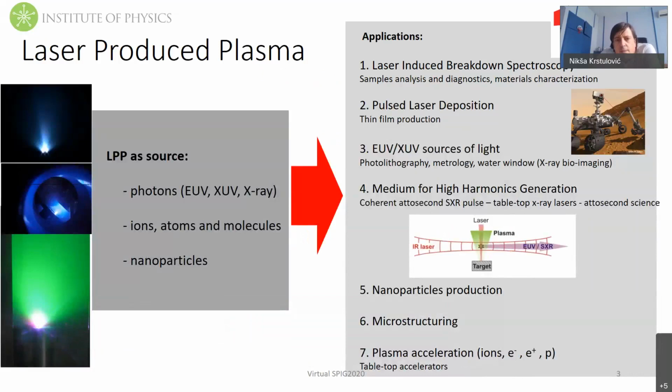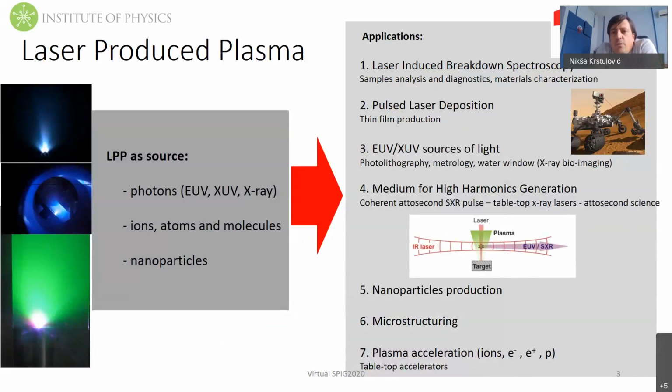So laser plasmas are a very interesting medium because they can be a source of photons from a broad range of wavelengths, and a source of ions, atoms, molecules, and nanoparticles. That makes plasmas an interesting medium for a wide variety of applications.